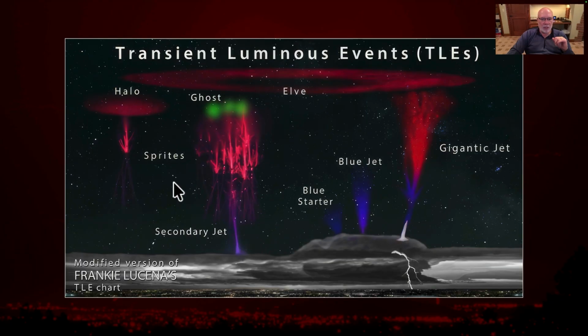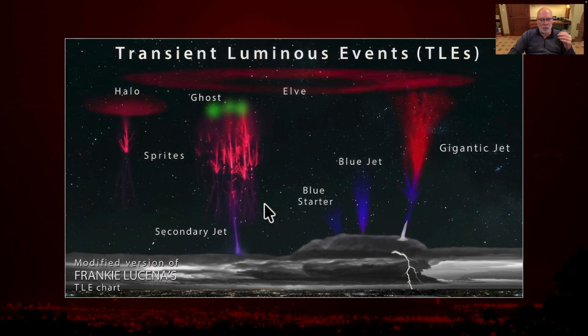And so you've essentially lowered some positive charge as a result of this sprite and created a new layer where you have a positive charge region and this negative charge that was established due to the CG flash that occurred and triggered the original sprite.